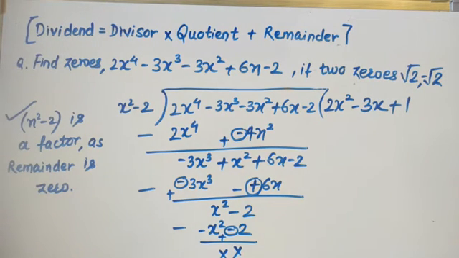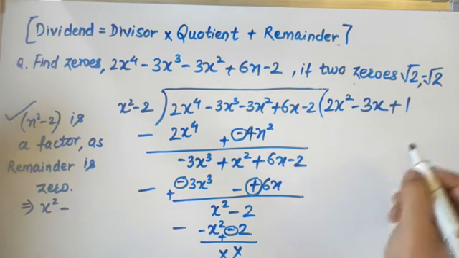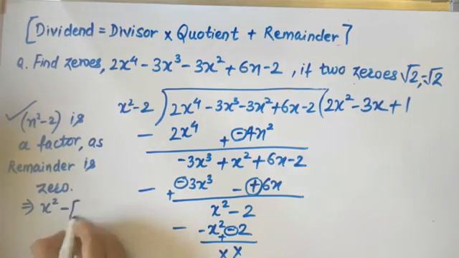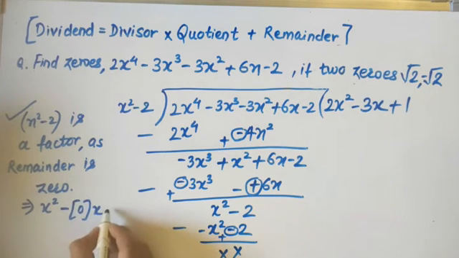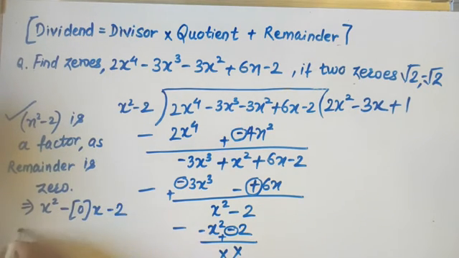So in that type of question you have to make the equation. What is the equation? If two zeros are given, x square minus sum of zeros, the sum of zeros will be 0 and product of zeros is minus 2. So the equation becomes x square minus 2. So this is another type of question in this.